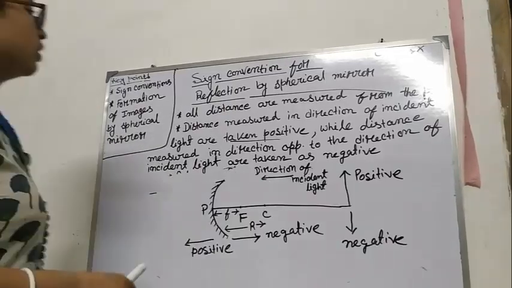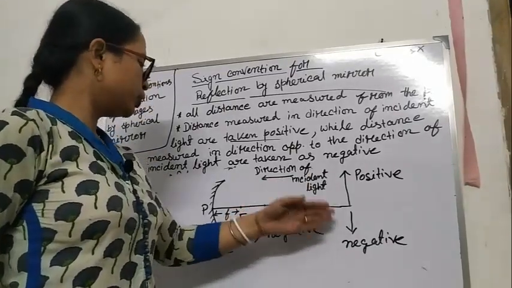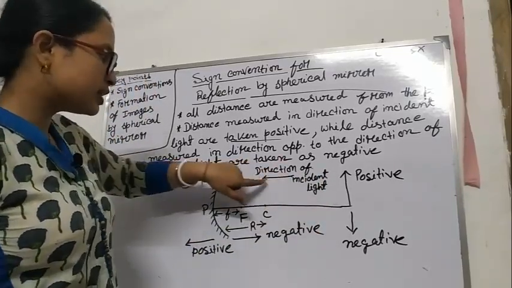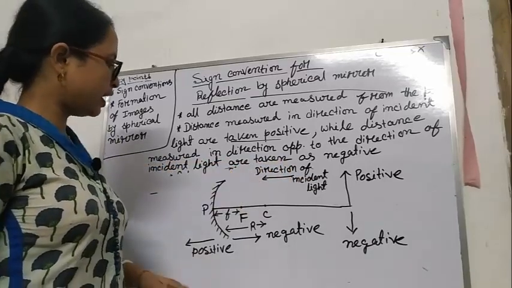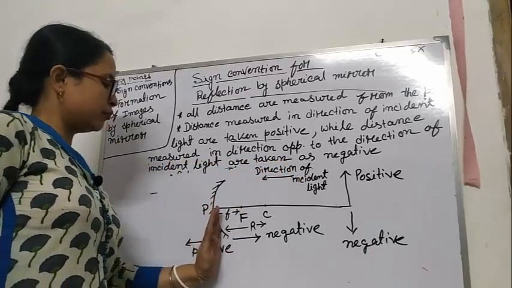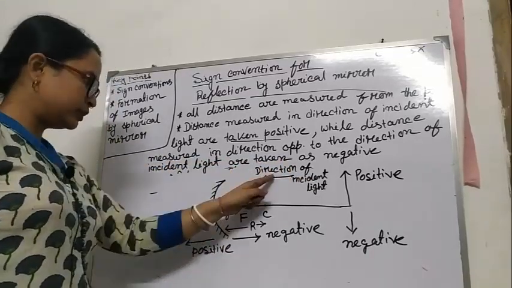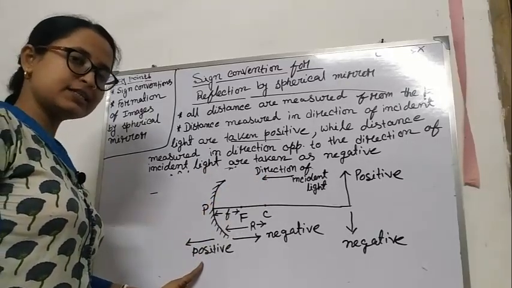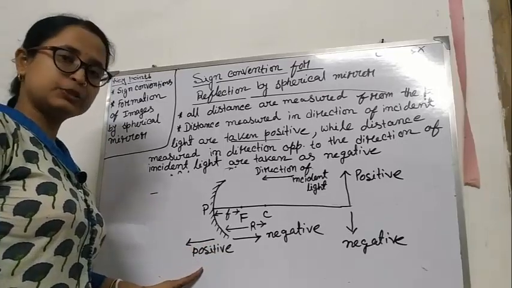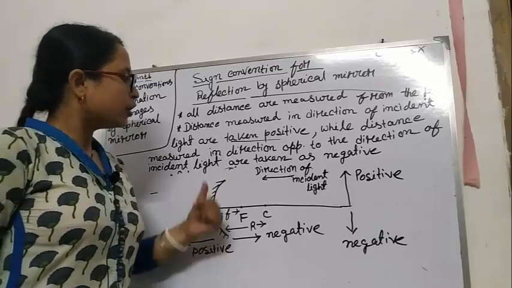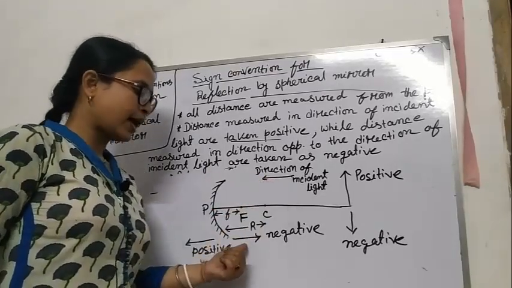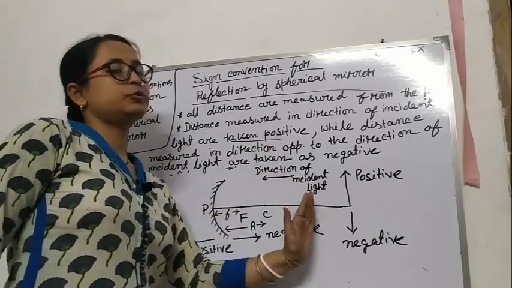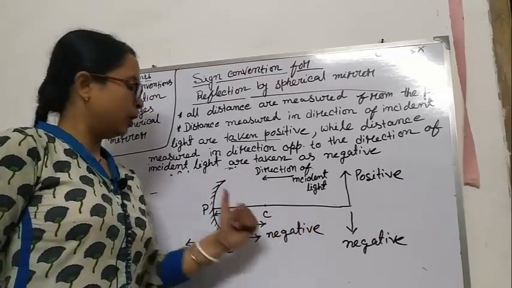Clear? So as I told you, if this is the direction of incident light, then whenever the direction of incident light and the direction of the distance are the same, it will be taken as positive. And if they are opposite, it is negative.